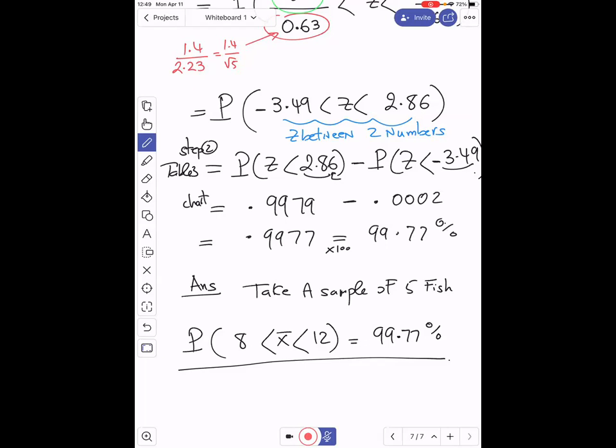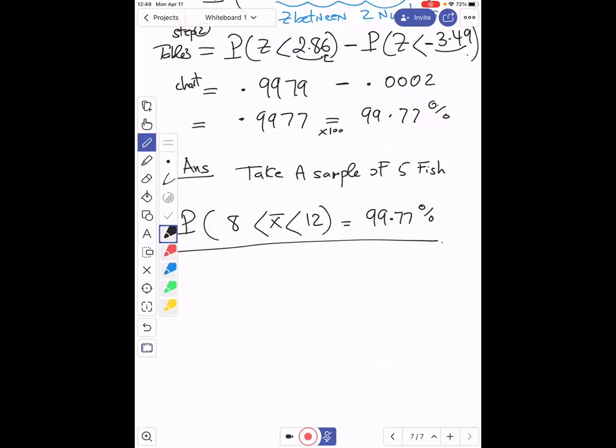I think we can even do some problems from the textbook. So let's do exercise, for example, 14, page 344. So it says the following.